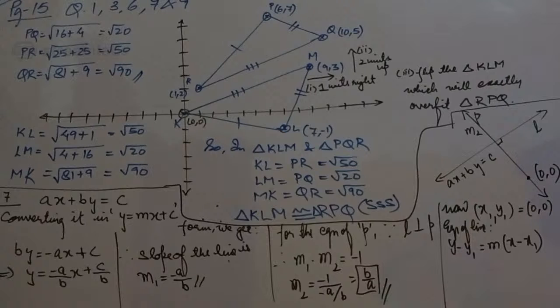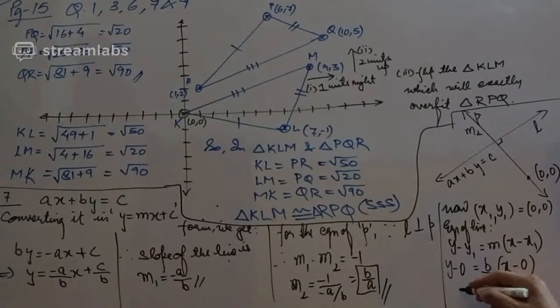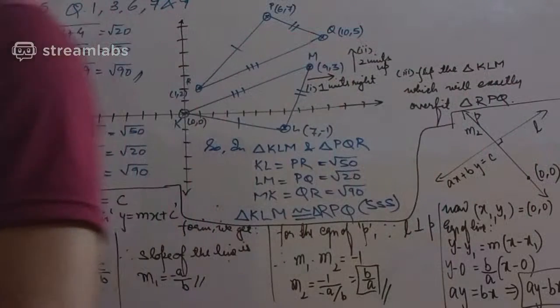Hope you remember that. So y minus y1 is 0, m is b divided by a, and x minus x1 is 0 again. If we cross multiply, it will come ay equals bx, which implies ay minus bx equals 0. So hence this will be the equation of the line, ay minus bx equals 0.